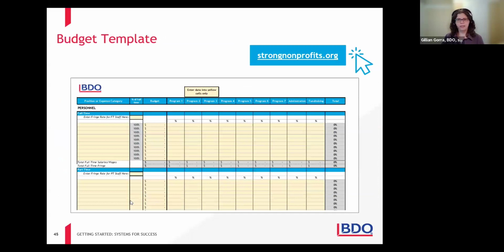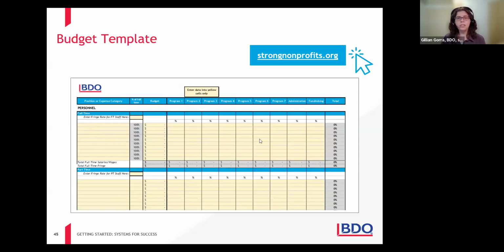We have a budgeting template that I want to share with you, everyone, and we have a video tutorial on how to use it. This budgeting template is not only going to help you think through all of the expenses for your organization, it's also going to help you think through maybe how you want to allocate your shared expenses. So we start here by putting in our personnel, and we actually have you spread every staff member's salary across programs and functions of the organization based on the time you think they're going to spend in each program or function.